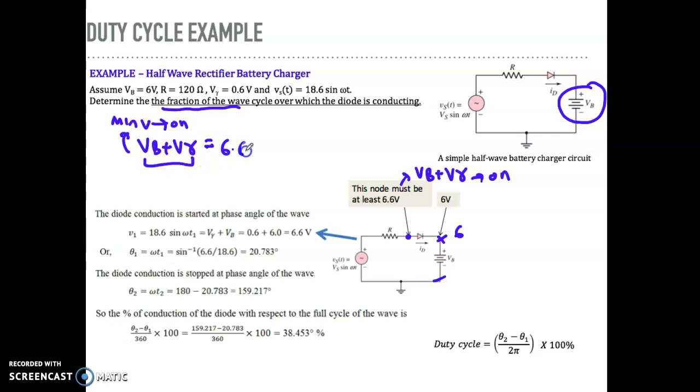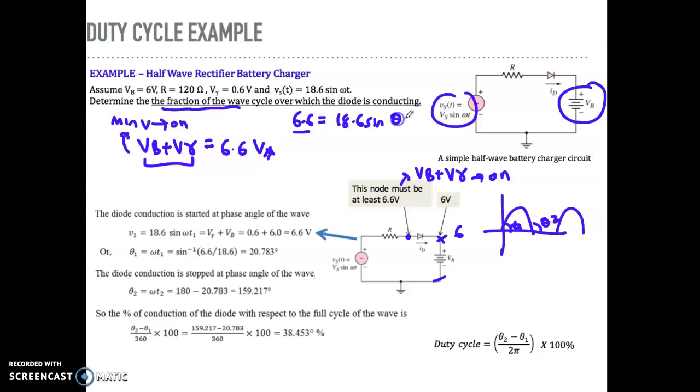That is 6.6 volt. Okay, so let's go through the equation of your duty cycle. So this is your wave, and then you have your theta 1 and theta 2. For theta 1, 6.6 is the minimum voltage. Your input voltage here is 18.6 sin theta 1.